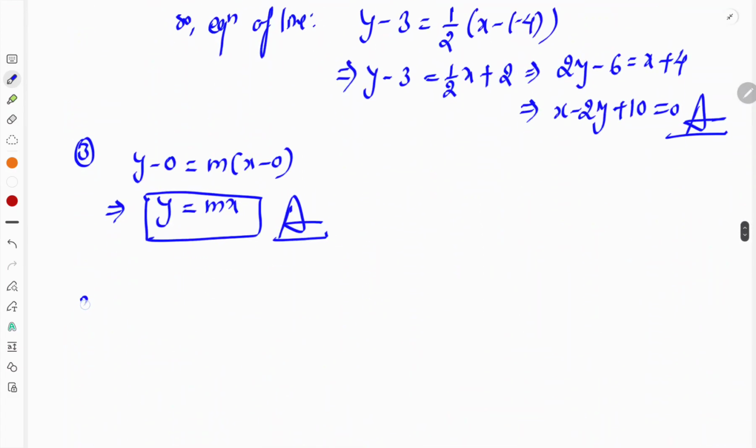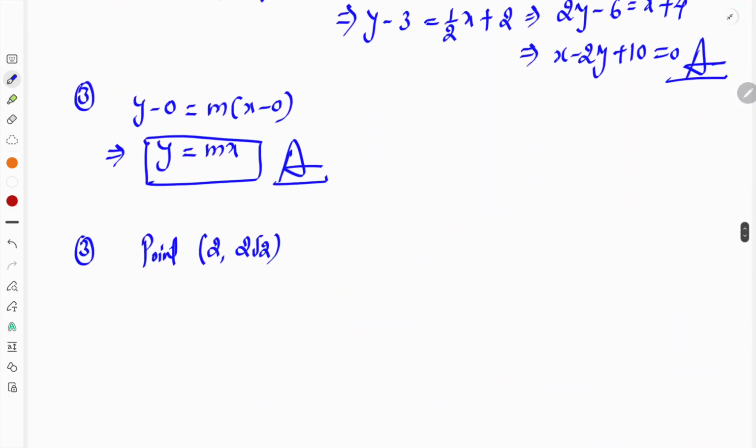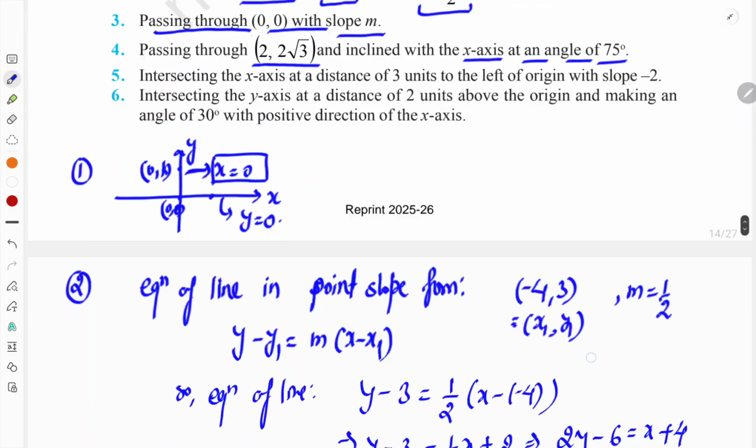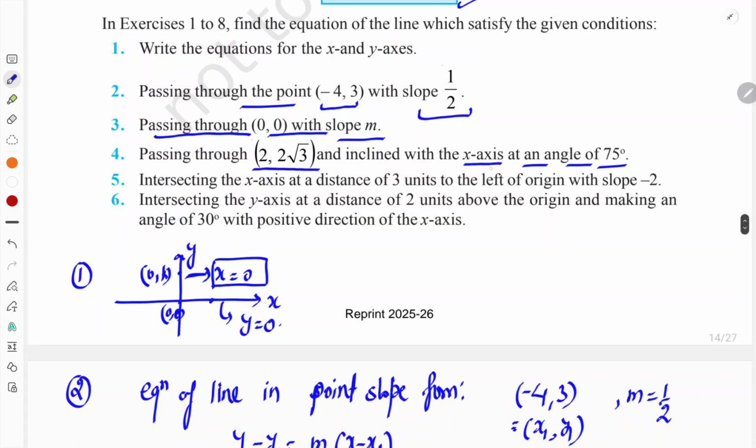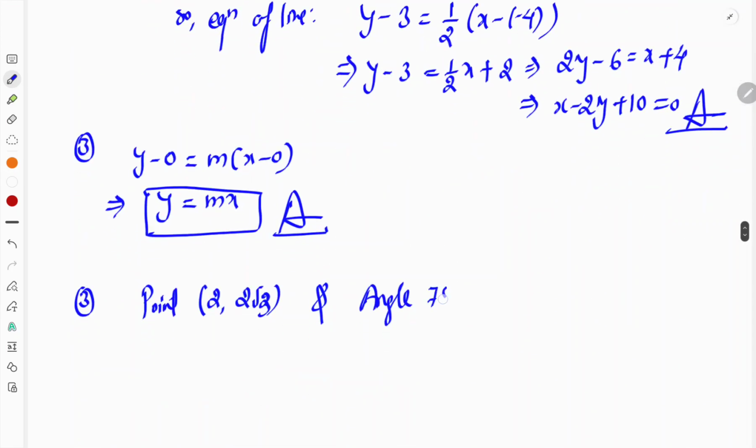So the passing point is given: (2, 2 root 3). And the angle with the positive direction of the x-axis is 75 degrees.